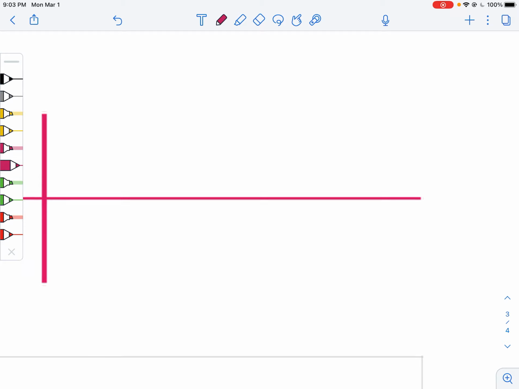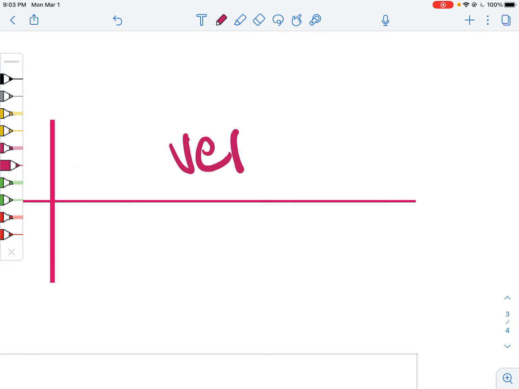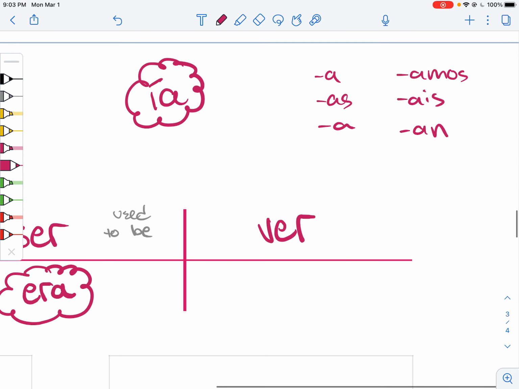And then finally, ver. When you look at ver, you would normally want to drop the er and then change it to a via, but we don't. Instead, you put the little e in between, and that's why it's irregular. So it kind of does look regular.